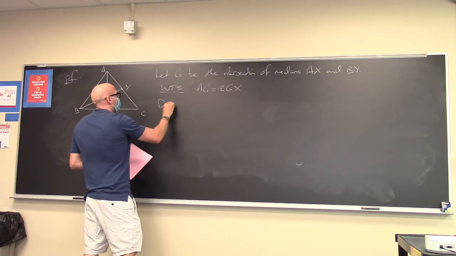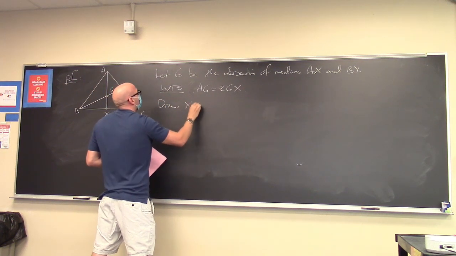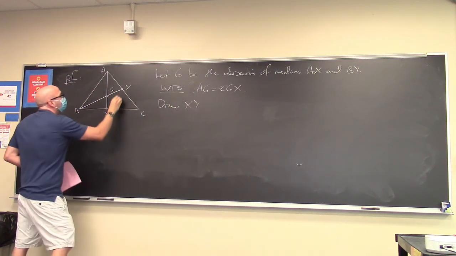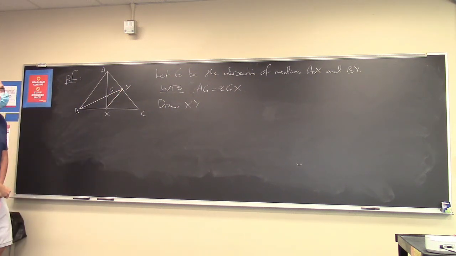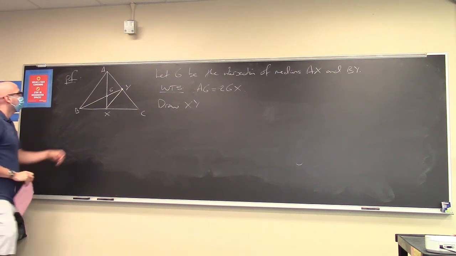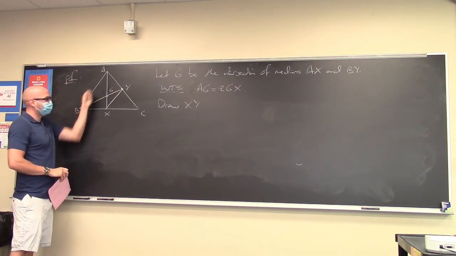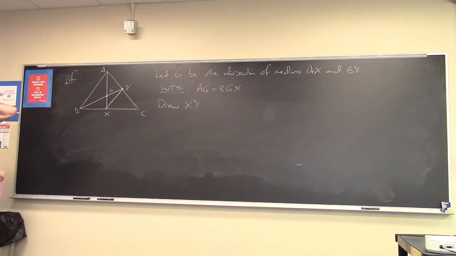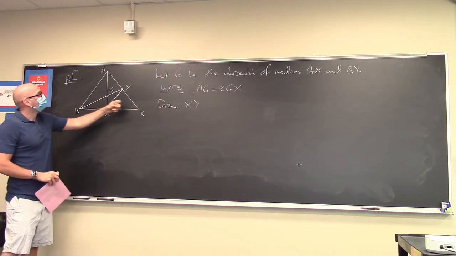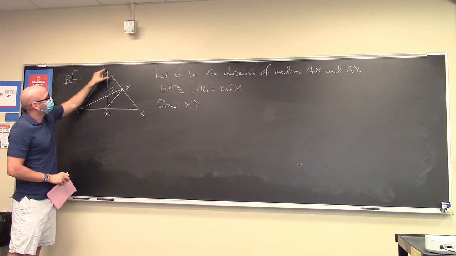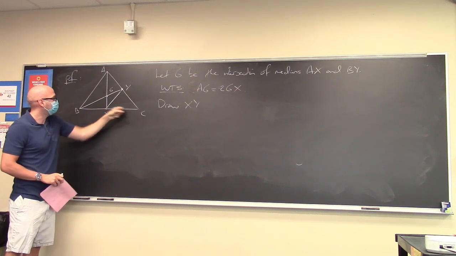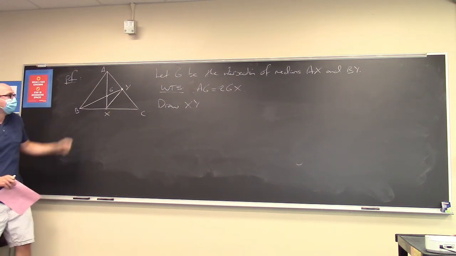What are we going to do? We're going to draw in XY. So here's XY. My claim is that XY is parallel to AB. Why is that? Well, that's us invoking that lemma. This is a median, so I know CY is exactly half the length of CA, and CX is exactly half the length of CB.